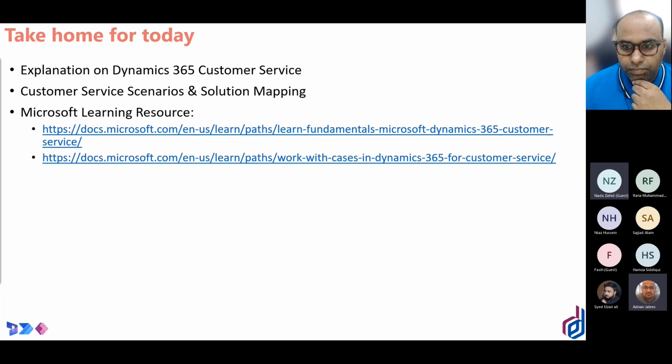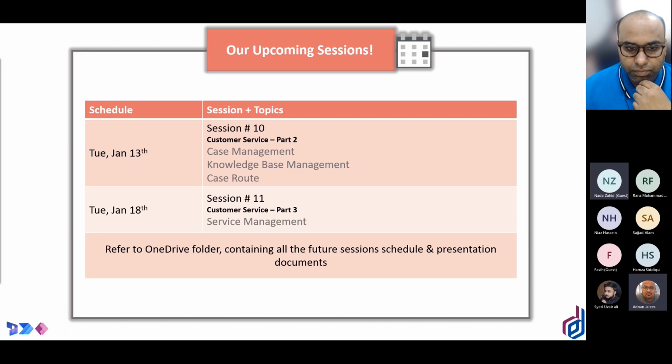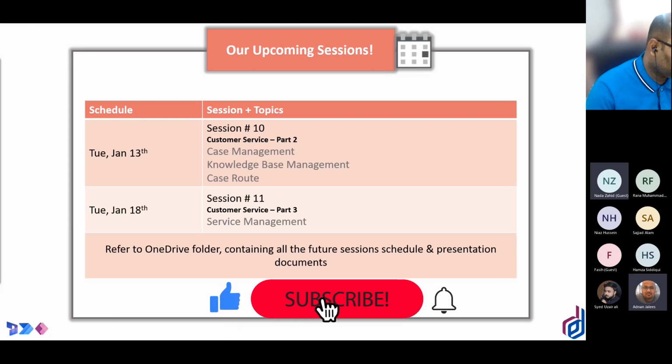So what we are going to cover in our next session is part two of customer service, in which we will look into the details on case management, as well as the knowledge base management and the case routing. Along with it, we will also see some part of the SLA, but the major part we are going to cover under the service management, because service management is a complete configuration that we will look into.